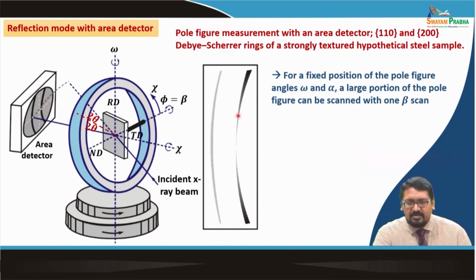The intensity points may look something like this in the phosphor screen. So, for a fixed position of the pole figure angles omega and alpha, a large portion of the pole figure can be scanned with one beta scan using such an area detector.